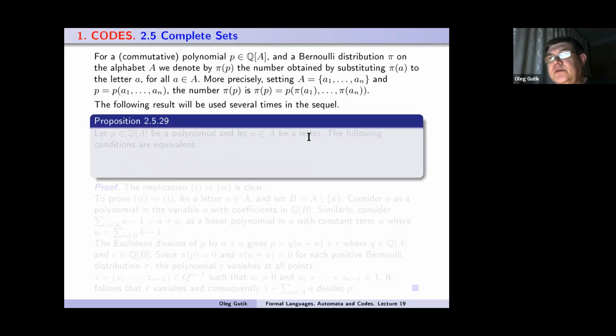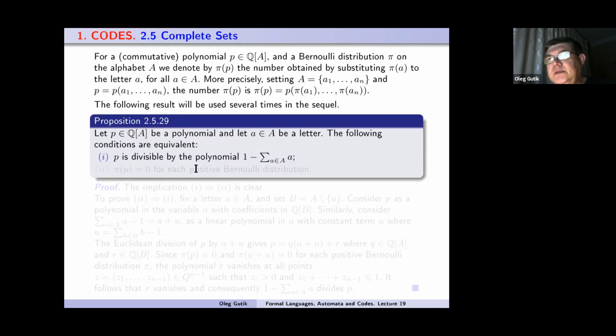Proposition 2.5.29. Let P be a polynomial over the alphabet A capital, and let A be a letter from the alphabet A capital. The following conditions are equivalent. P is divisible by the polynomial 1 minus the sum of A, where A belongs to A capital.